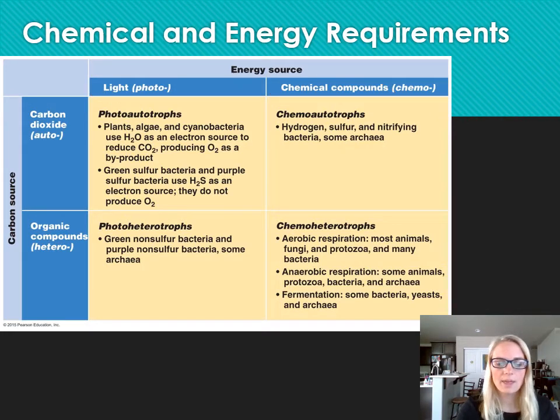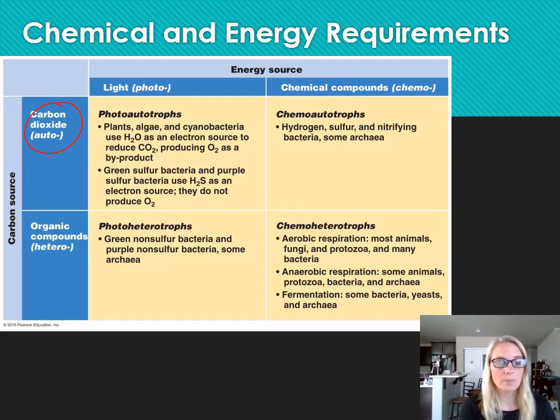Okay. Then when we take a look at our carbon source, the carbon source is where does the carbon come from that we need to make new molecules, like in those anabolic pathways? If that carbon comes from carbon dioxide, like in a photosynthetic organism, it goes to that Calvin-Benson cycle. The CO2 comes in, gets hooked together to make glucose. So that is where we could get carbon from, this inorganic source of carbon dioxide.